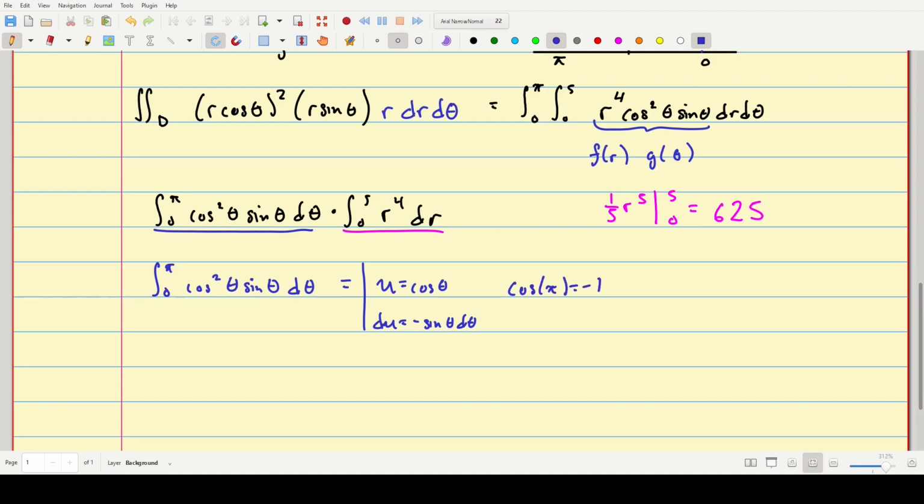Cosine of pi is -1. Cosine of 0 is 1. And so we end up with negative u squared du integrated from 1 to -1. We can absorb the minus sign, switch the limits of integration.